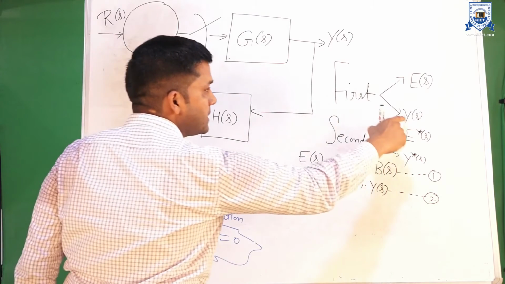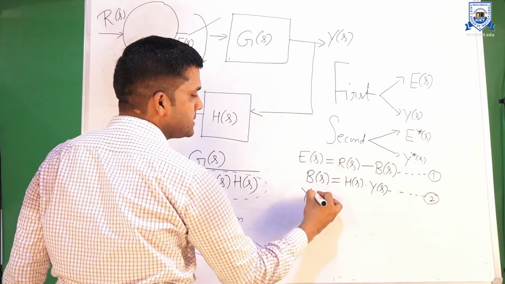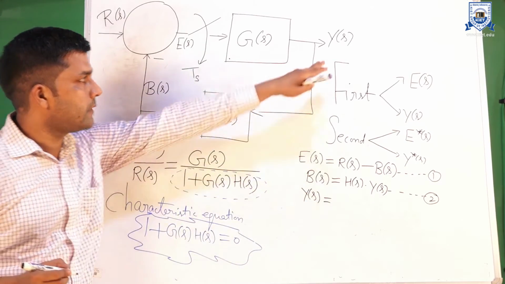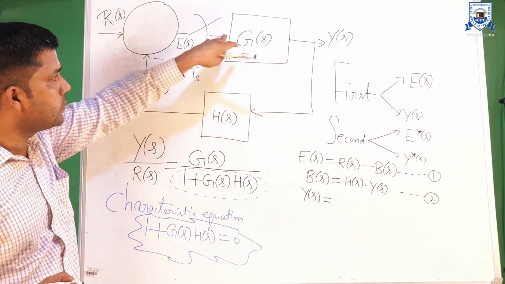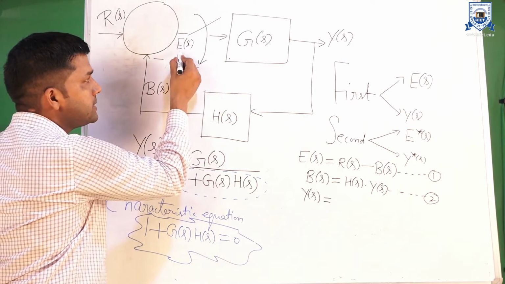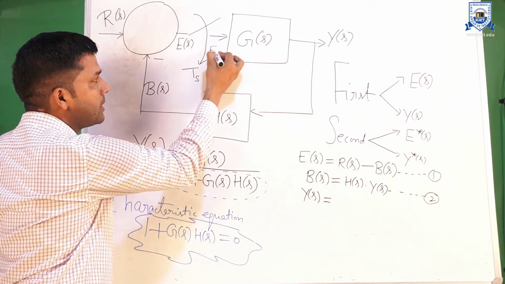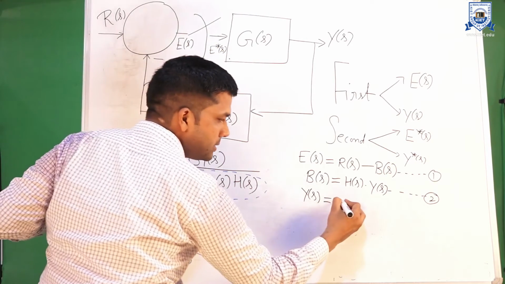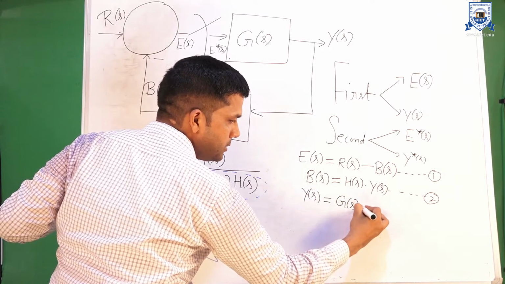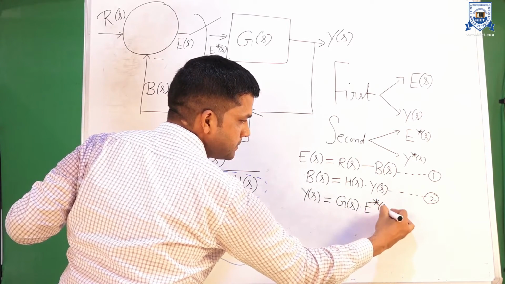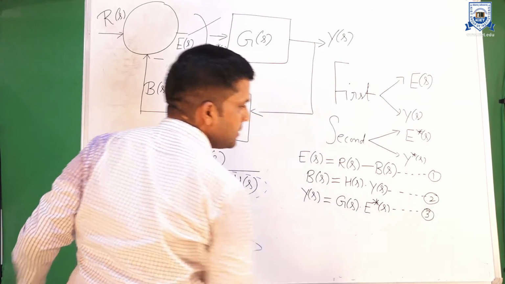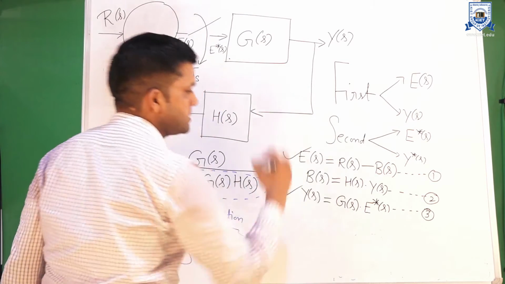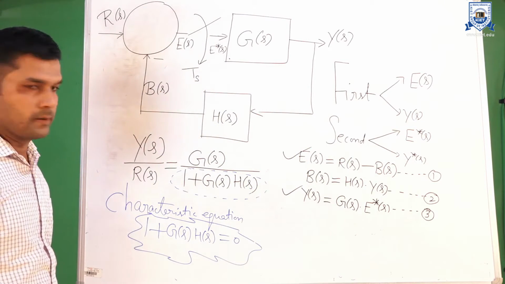So what is the value of the output Y(s)? Output is equal to input into transfer function. What is the input? Here is E(s), and after the sampler it will be converted into E star(s). So Y(s) is equal to G(s) into E star(s), and we require E(s) and Y(s) only. The first step is completed here.